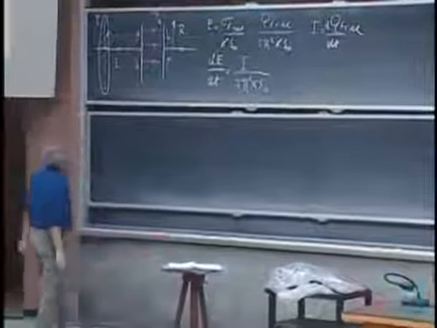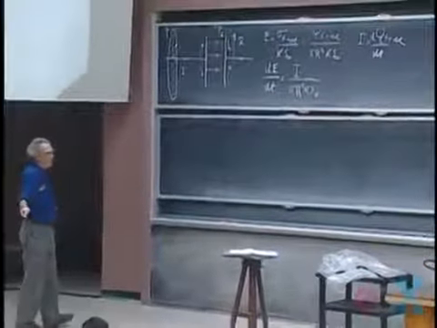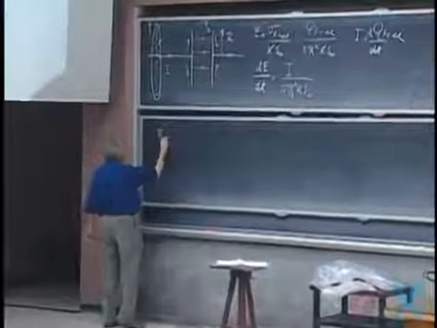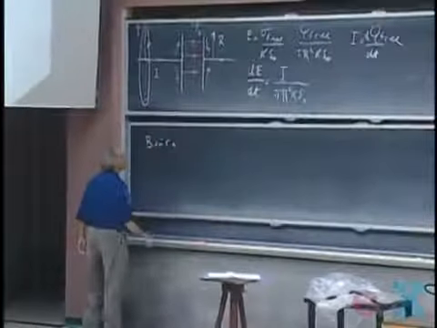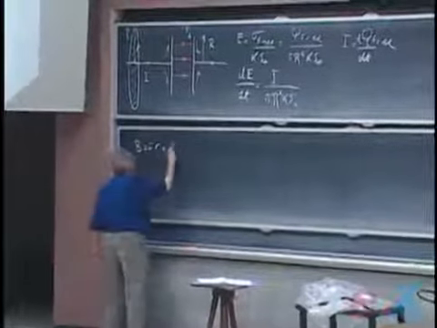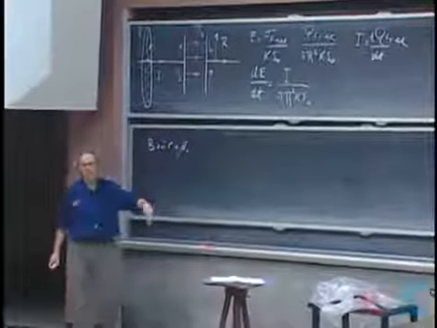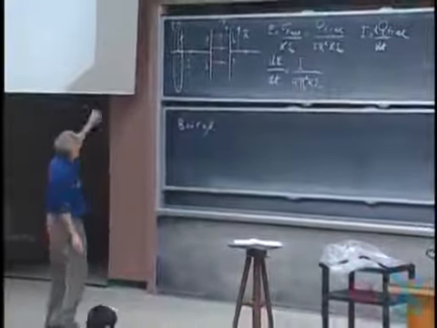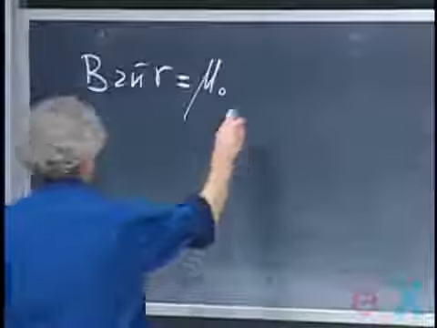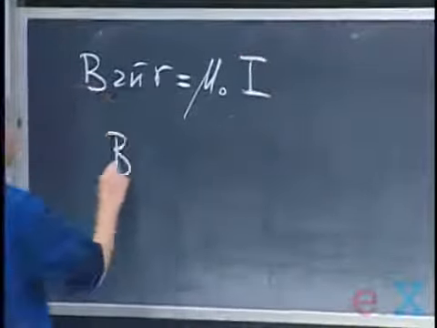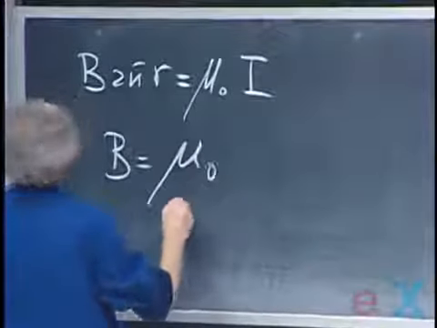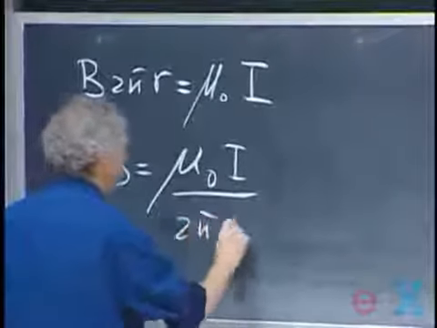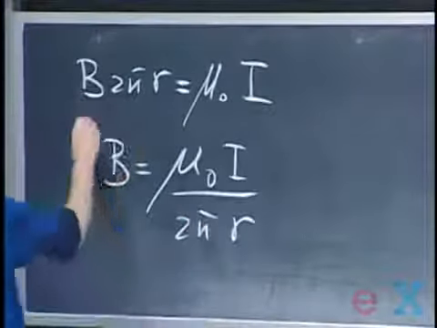Anywhere on that closed loop, the magnetic field will have the same strength for reasons of symmetry. And so we get B times 2 pi r equals mu 0 times I pen, and pen means the current that penetrates my open surface. Well, that's I. I goes right through that surface. And so the magnetic field at that point P1 is mu 0 times I divided by 2 pi r. We've seen this several times before.